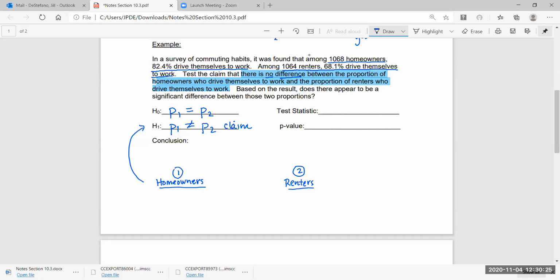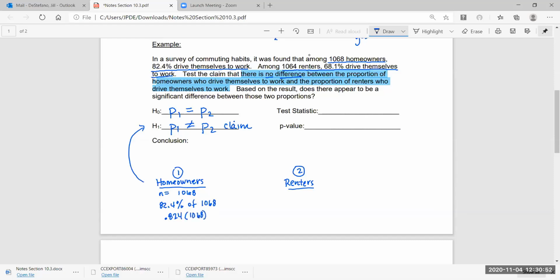So it says there's 1,068 homeowners. So we know that's our sample size. And we know that 82.4% drive themselves to work. So 82.4% of the 1,068. So we're going to end up doing 0.824 times 1,068. And we can do it right in the calculator.